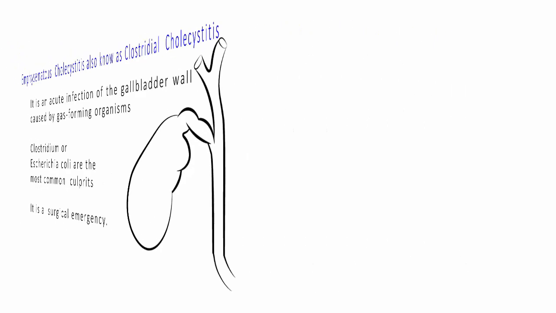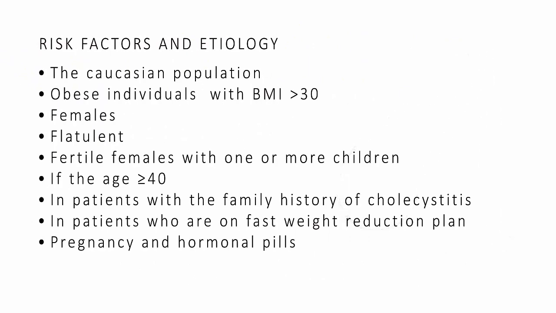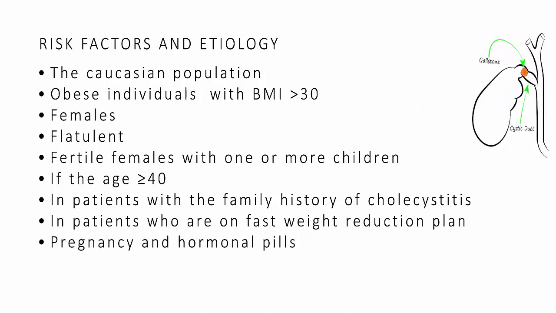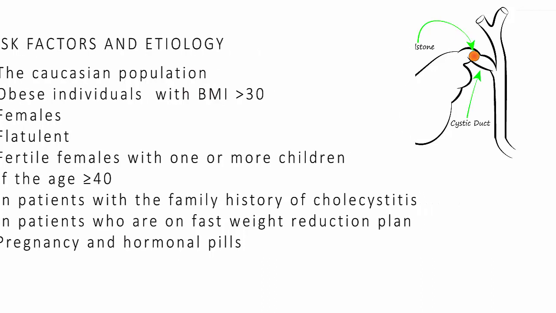Risk factors and etiology. Calculus cholecystitis is more common in the Caucasian population, obese individuals with BMI greater than 30, females, flatulent people who suffer from noticeable accumulation of gas in the alimentary canal, fertile females with one or more children, if the age is greater than or equal to 40, in patients with a family history of cholecystitis, in patients who are on fast weight reduction plans, pregnancy and hormonal pills.